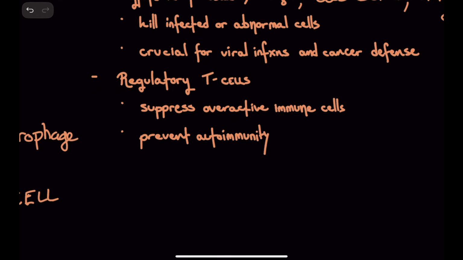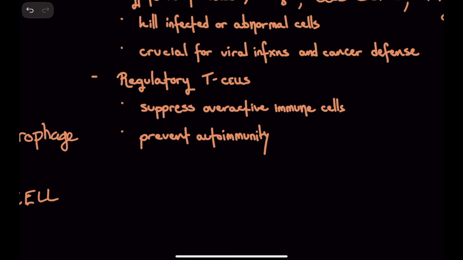But I think these steal the show. This is the last cell I'm going to talk about, your regulatory T cells. These suppress overactive immune cells, and this is very, very important because this prevents autoimmunity. And there's a lot of reasons why we don't want these cells running unregulated.